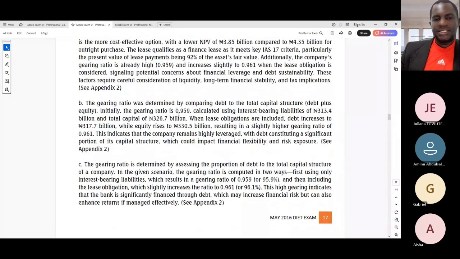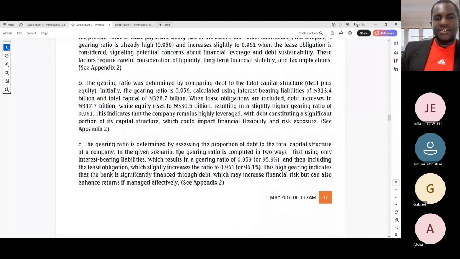That's the second point. Still on that gearing, we're still reiterating the gearing, but in another way. We're saying that the interest-bearing element, which was not here, results in this amount. And then the lease obligation slightly moved to this ratio, indicating that the bank is significantly financed through debt.